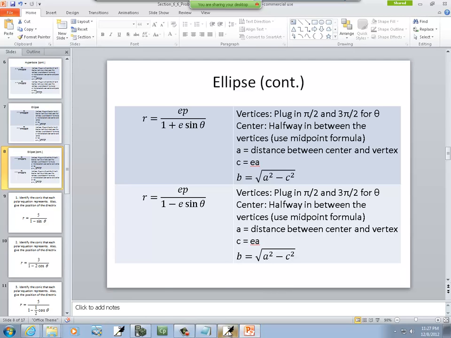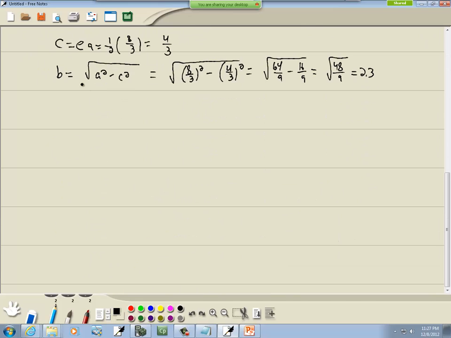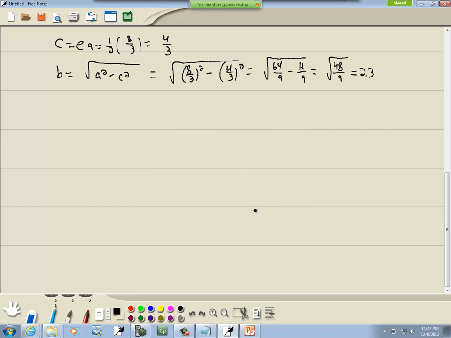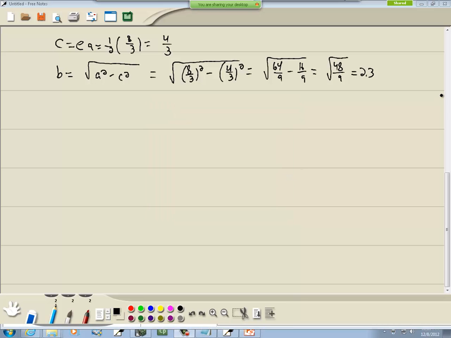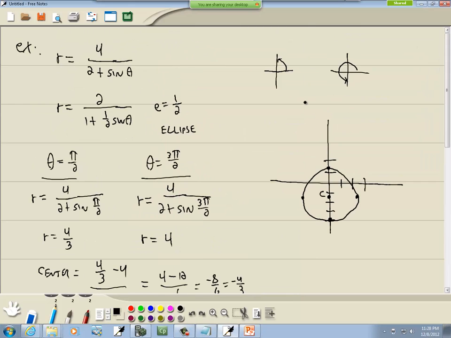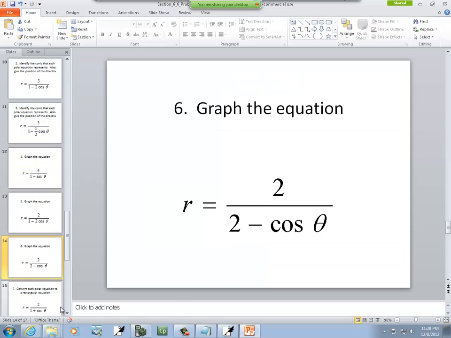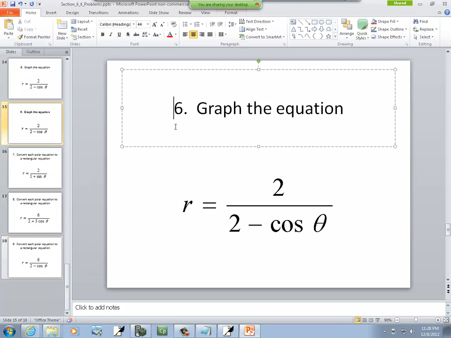Okay, let me save that. And actually, I kind of like that problem. I may end up saving that. What was that problem? Okay. Duplicate that. That would have been problem 7.